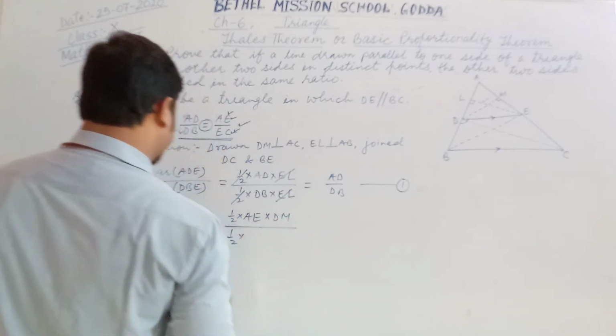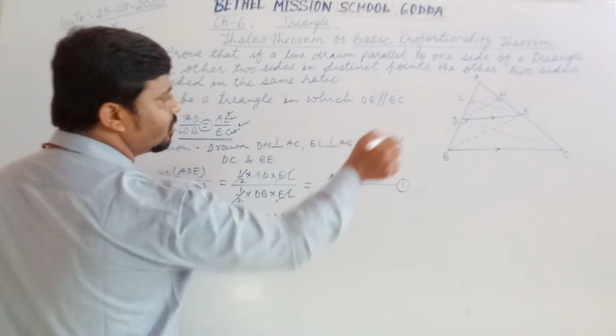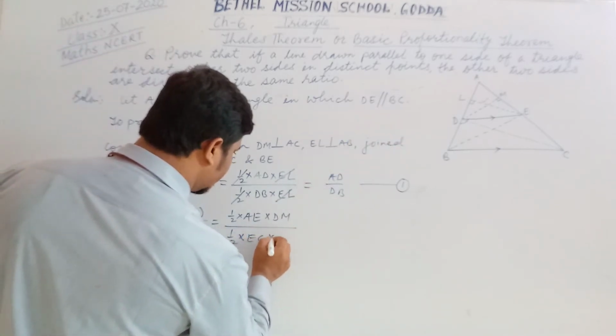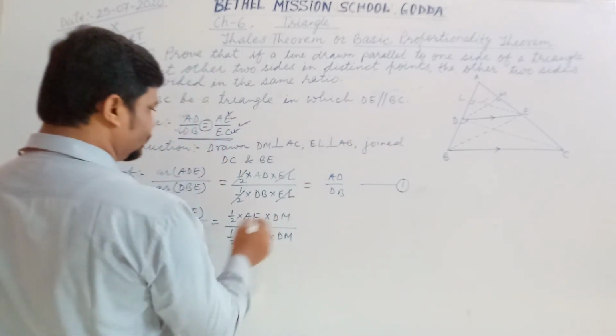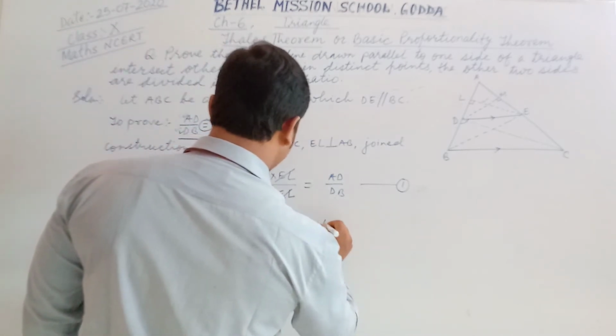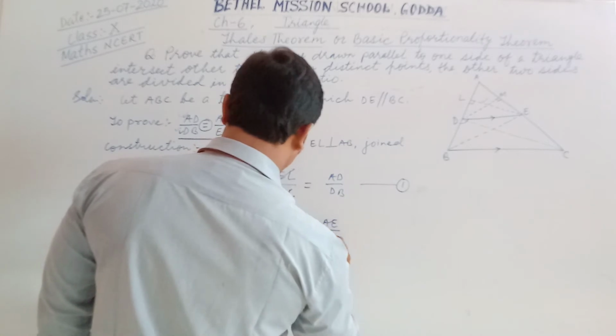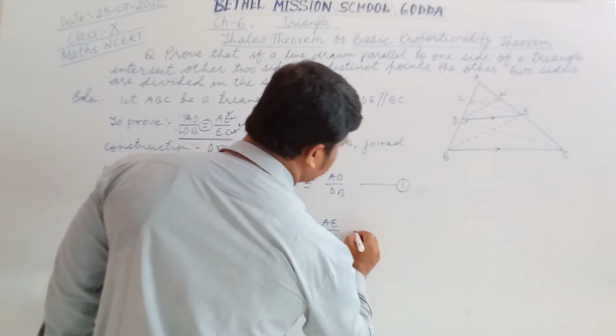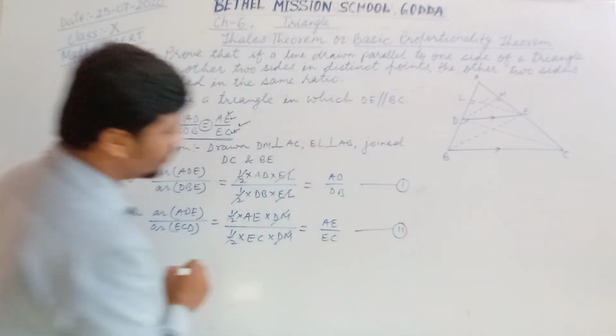Half into base EC for ECD and the altitude is the same DM. DM cancels, half cancels, and the ratio is AE upon EC. This is equation 2.